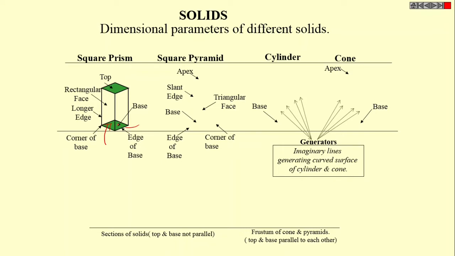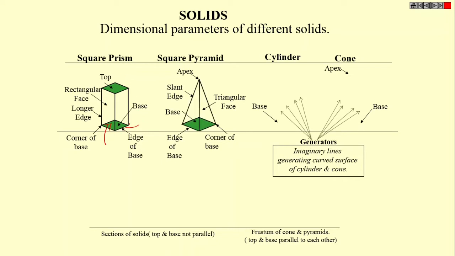Then there is a base, there is a top face, there is a rectangular face. Then four different rectangular faces are there. Then there is longer edge, then a base edge or edge of the base are there in the case of square prism.